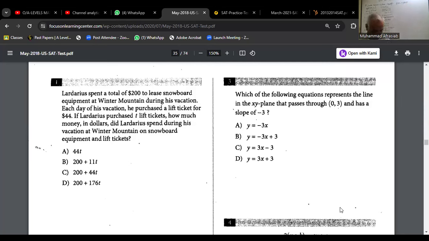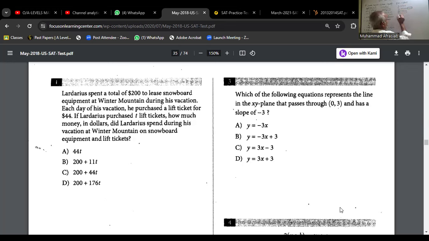Now, we have the slope -3. So y equals mx plus c. Y is 3, m is -3, x is 0, so c is equal to 3. So directly we can write the equation as y equals -3x plus 3.